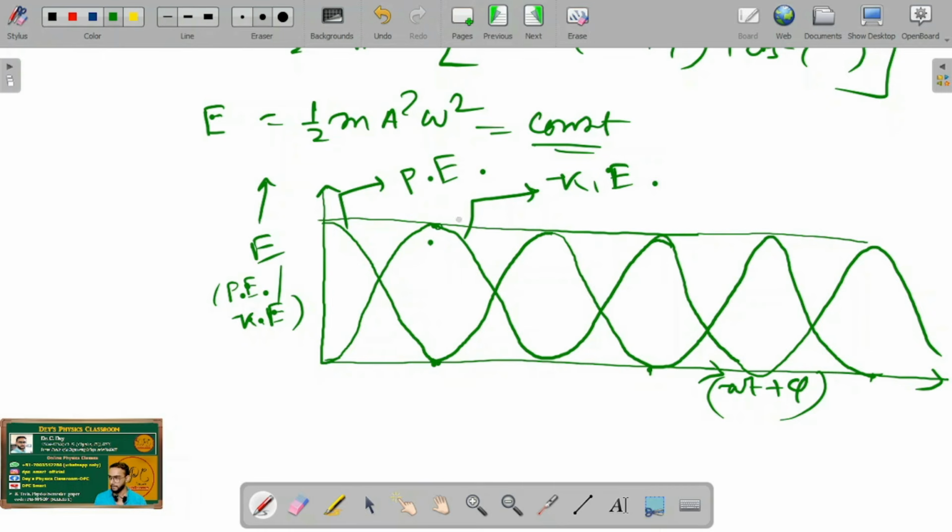Inversely, when potential energy is maximum, kinetic energy becomes minimum. As a result, the total energy becomes constant. And this is for the ideal case. In the ideal case of simple harmonic motion, the total energy is constant.